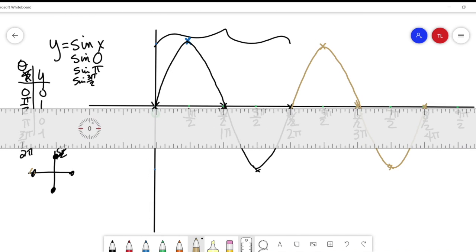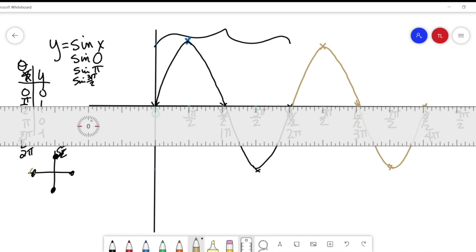Now, again, I'm going to have to extend this line on. I should have hit that one. All right. Now, let's go red this time. 1, 2, 3, 4.